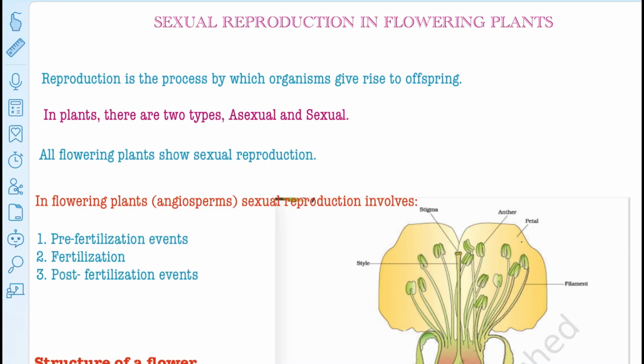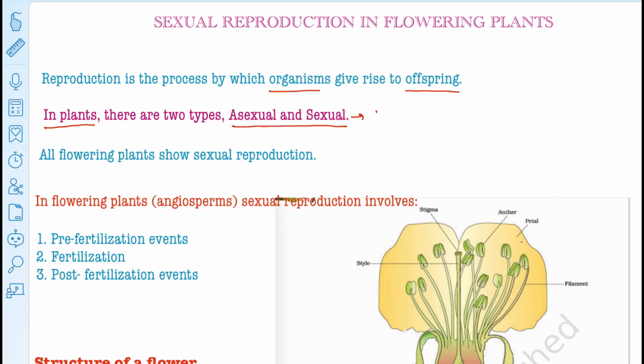Let's first discuss reproduction. What is reproduction? It is the process by which organisms give rise to offspring. In this chapter we are going to talk about plants. In plants there are two types, asexual and sexual. What is sexual reproduction?